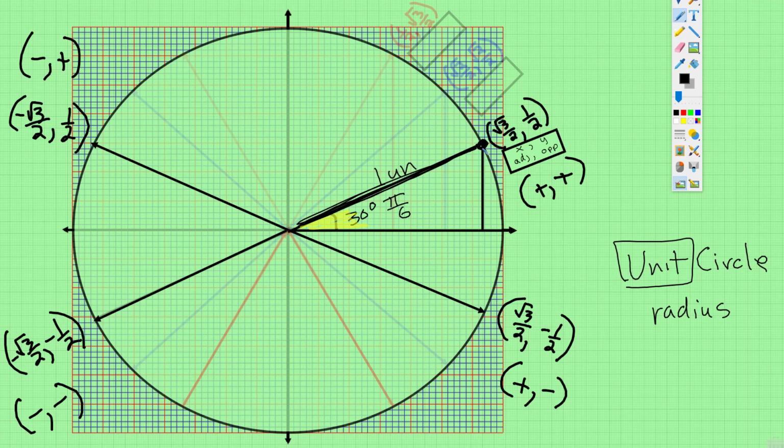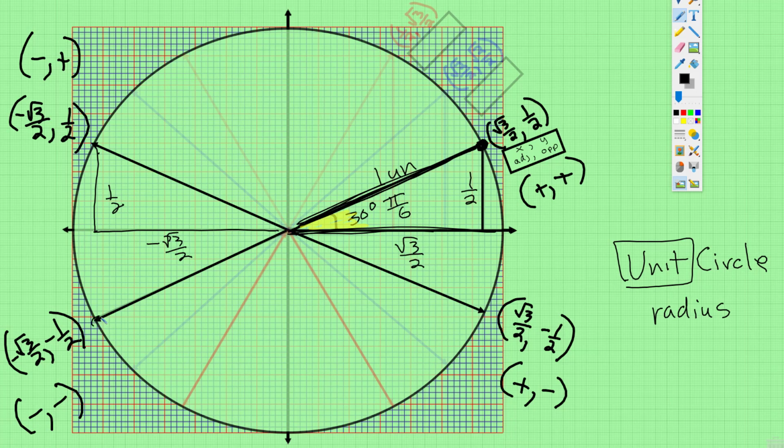Well, at that point right there, the x value is root 3 over 2. So from here to here is the distance of positive root 3 over 2. And then we go up 1/2. So that's its coordinate point. Well, if we reflect over the y-axis, this distance is negative root 3 over 2, but we still went up 1/2.